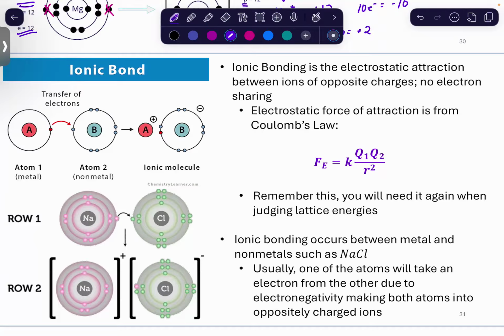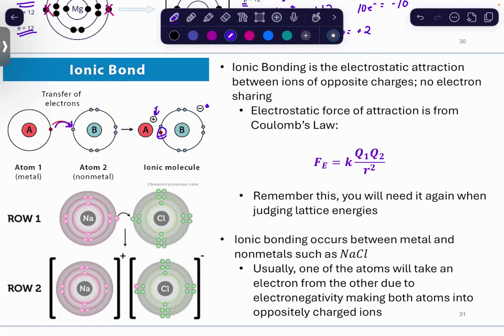You see this happening on the top here. Atom A is giving off an electron to atom B, and as you see, atom B takes the electron and becomes negatively charged and leaves A positively charged. Then what causes the bond is the electrostatic attraction between the positive and negative charges.